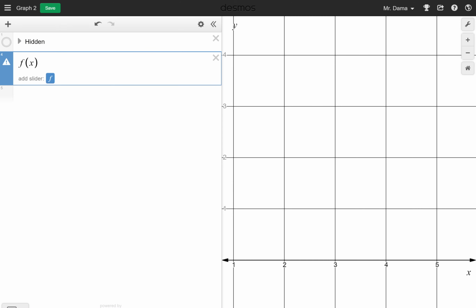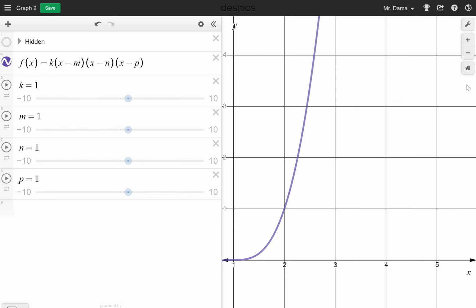Y equals, or f of x equals k, x minus one point, x minus another point, okay? And that's a parabola. And all I need to do for a cubic is add another bracket with x minus p.